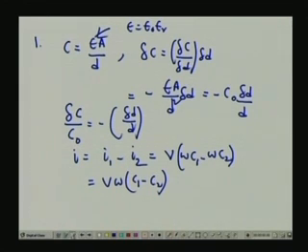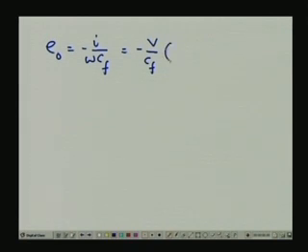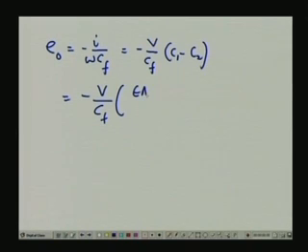So, if I take a new page, the output voltage E naught equal to minus I upon omega Cf, equal to minus V by Cf into C1 minus C2, equal to minus V by Cf into epsilon A upon D plus delta D minus epsilon A by D minus delta D.